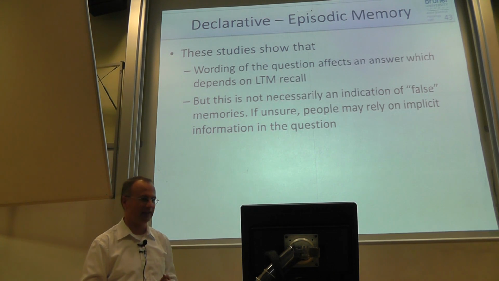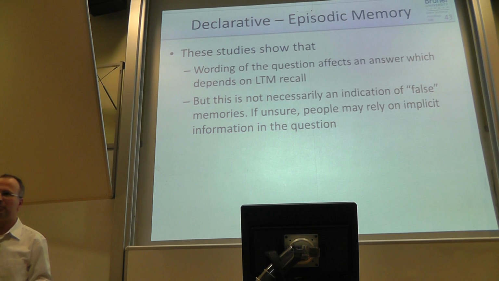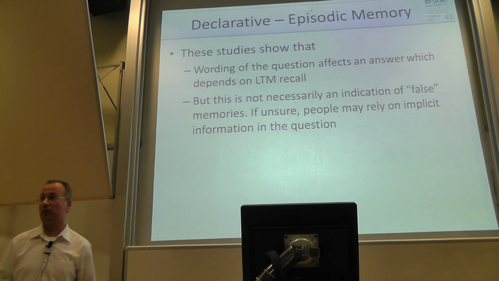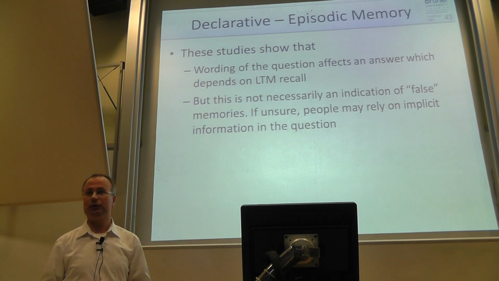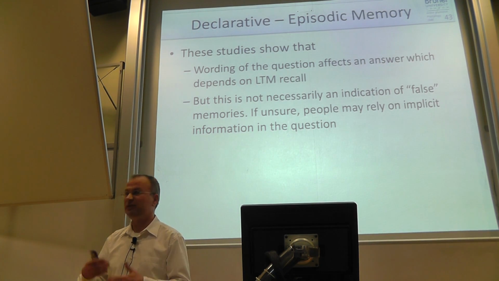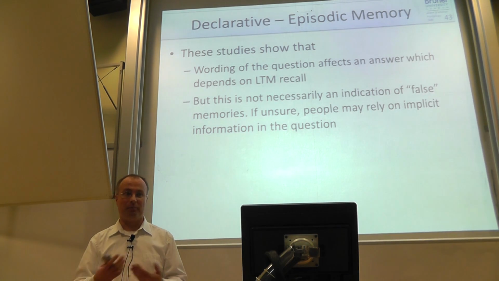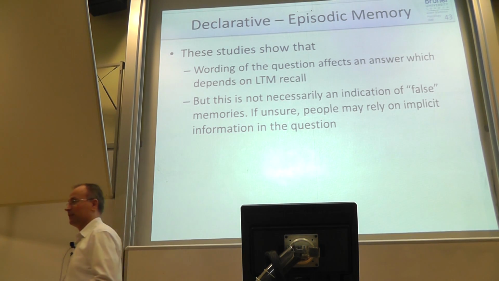It may be that participants, maybe explicitly or implicitly, if they can't remember correctly, then use information from the question to give their answer. So if you have to guess, what do you guess? And then you may be drawn to one or the other.